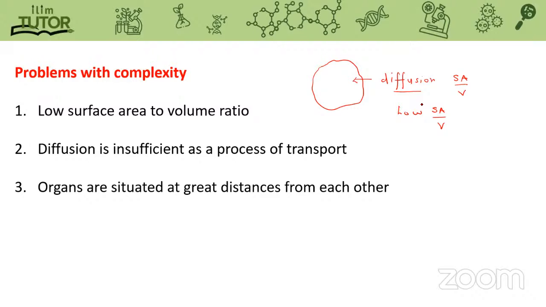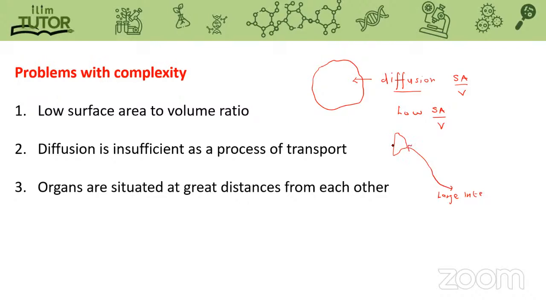And when we look at number three, it says organs are situated at great distances from each other. You will agree with me, for instance, that when we talk about the liver and the distance between the liver and perhaps the large intestine, there is some distance between these two organs.